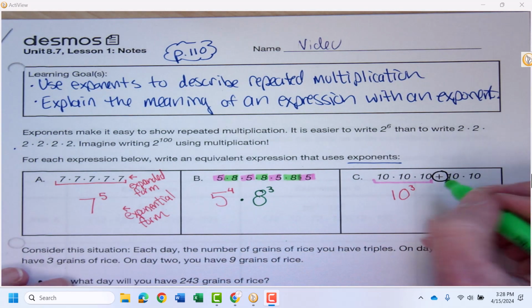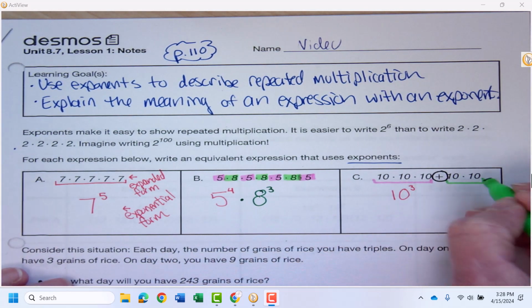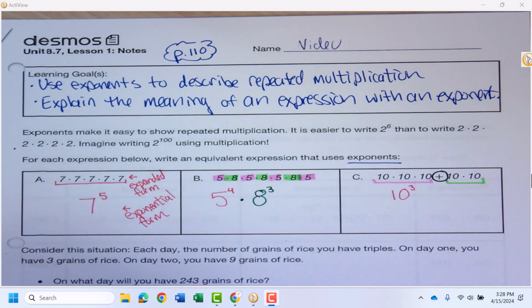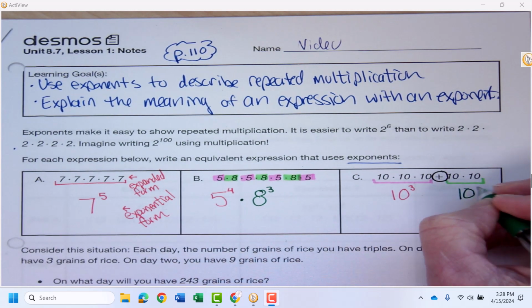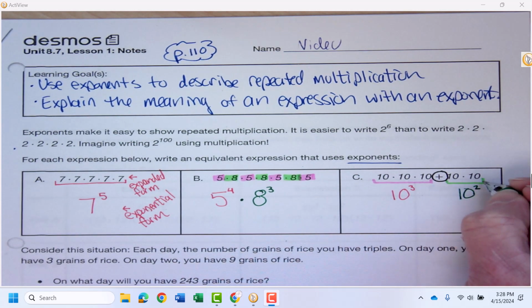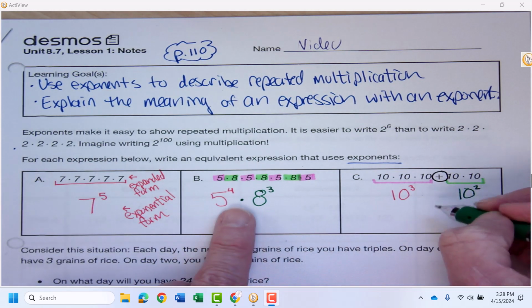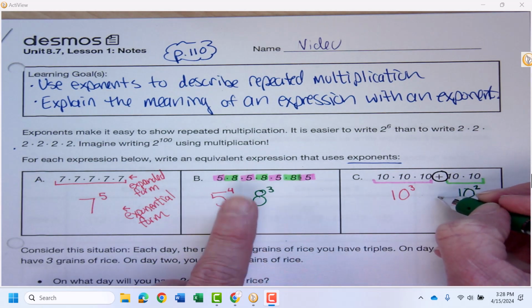And I can see 10 times 10 repeated as a factor on the right side of this plus sign, so 10 is repeated as a factor 2 times over here, but I have to be really careful not to say that those are multiplied together like they were over here.